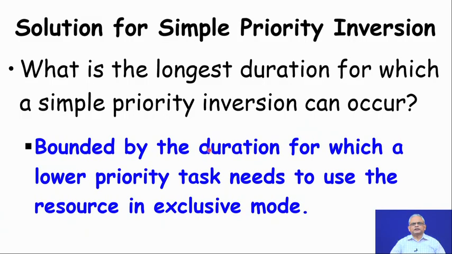We had said that a single priority inversion can occur for a duration that is bounded by the duration for which a lower priority task needs the resource in exclusive mode, or in other words, the maximum time for which a high priority task can suffer priority inversion on account of a lower priority task is the maximum time for which the lower priority task needs to execute its critical section.